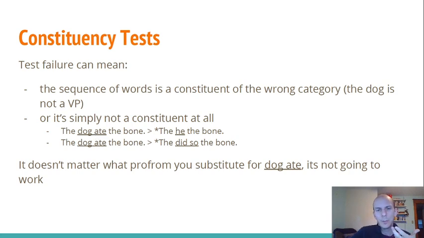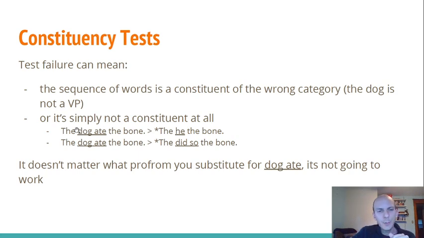Maybe we try something else, like maybe it's a verb. We could try to substitute in did so for it. The did so ate the bone. Okay, it's not a verbal thing either. So probably if we do enough of these tests, we'll find eventually that it's not a constituent at all.